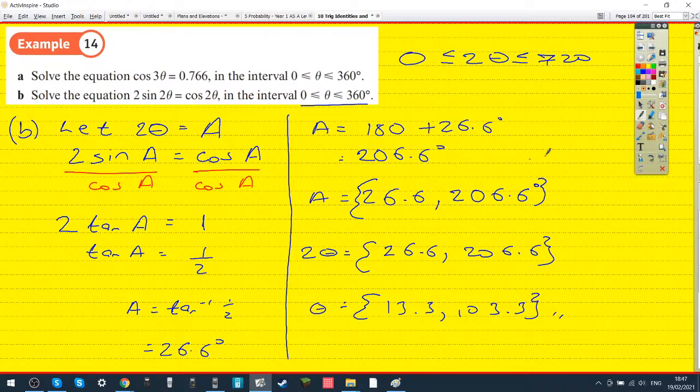So do that for A, because A is 2 theta. So is it plus or minus 360? Which one? Plus or minus? It would be plus 360 for both of them. Yep. So 386.6. Yep.